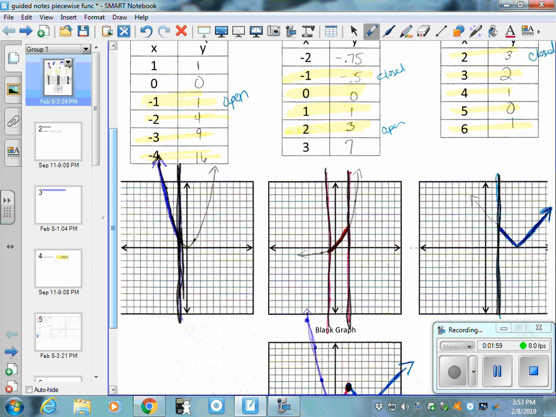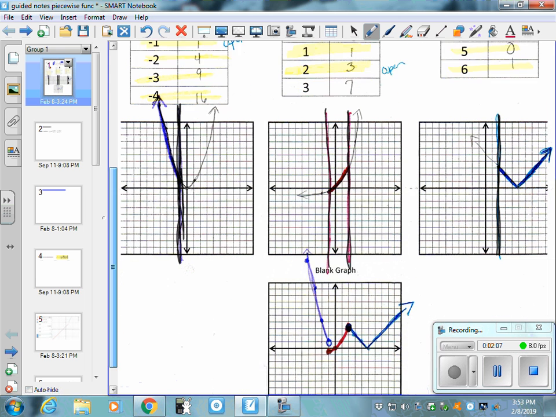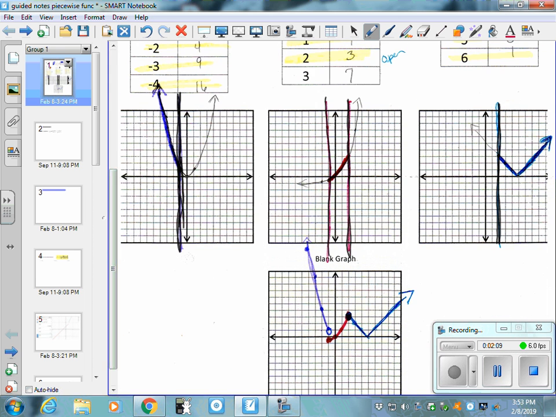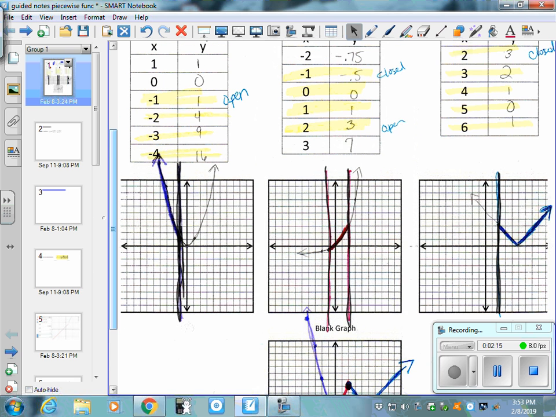What happens with piecewise functions is you take a piece of different functions, 2 or more, and then combine them into one new function. So we're taking these pieces based on those restrictions. The first one, we wanted everything less than -1, so we used -1, 1, -2, 4, -3, 9, and -4, 16.